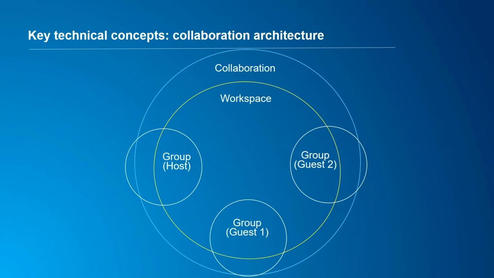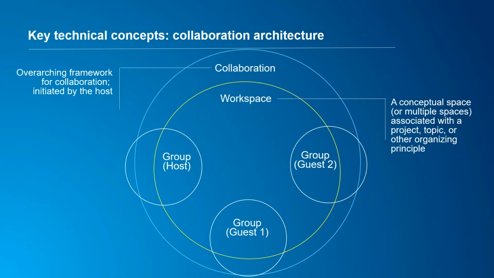So a couple of key concepts that I want to go through. First is collaboration. Collaboration is this framework I just described, initiated by a host. That sets the trusted relationship between two or more organizations.